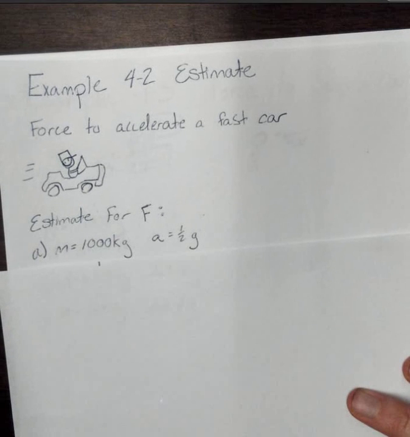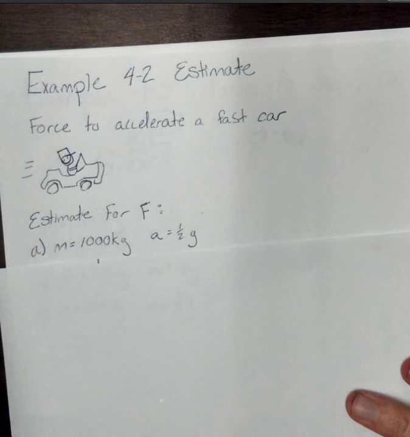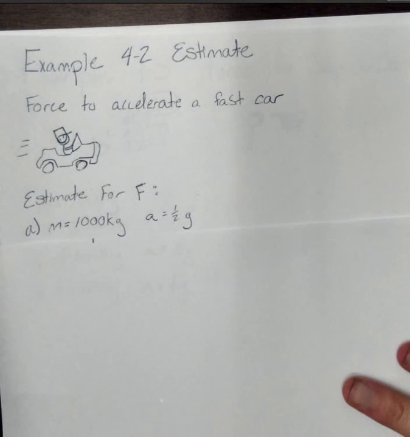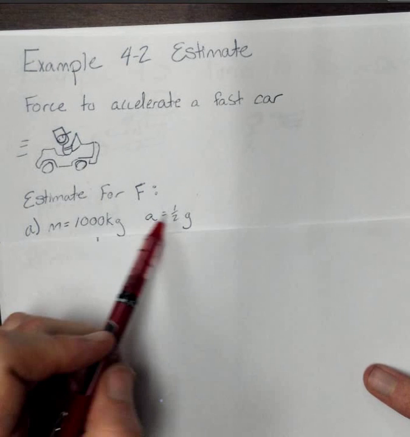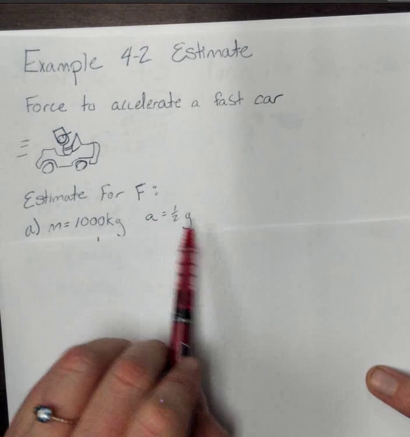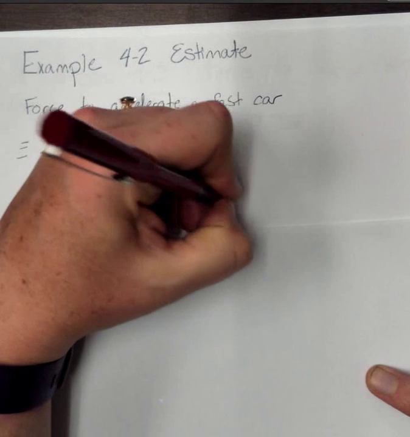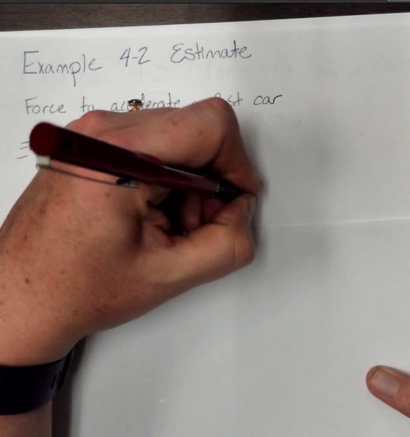1/2 of gravity. So a lot of the times you're going to see in physics that acceleration is given in terms of g's. It's called g's of acceleration, or g force if we're talking about the force of acceleration, the force that caused the acceleration. So here the acceleration given to this mass is 1/2 g, and we know that g is equal to 9.8 meters per second squared.